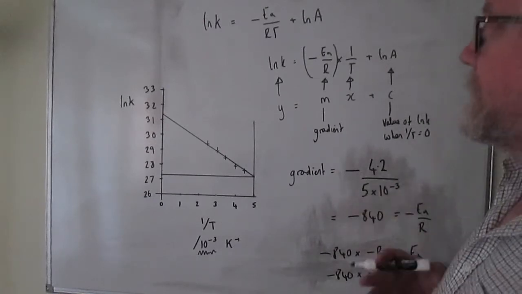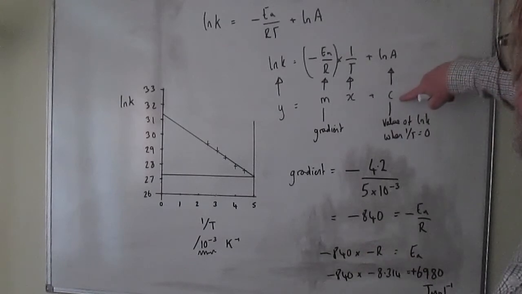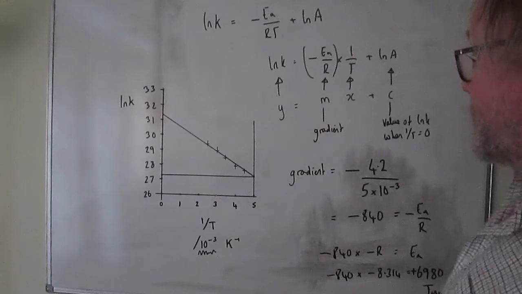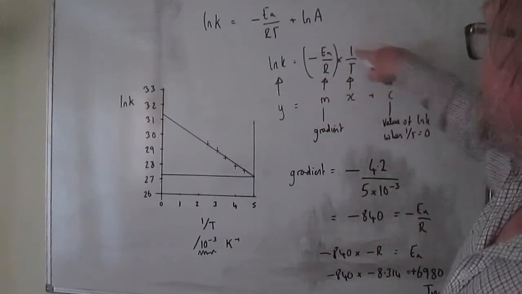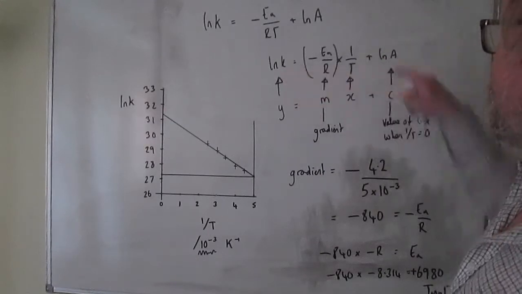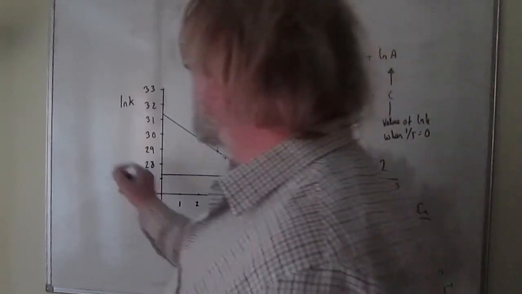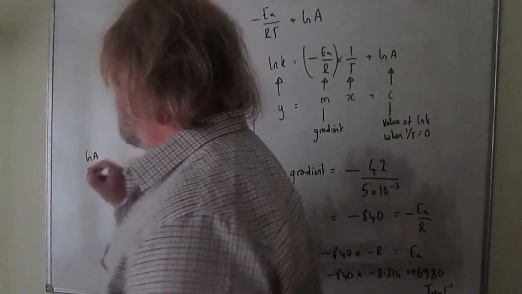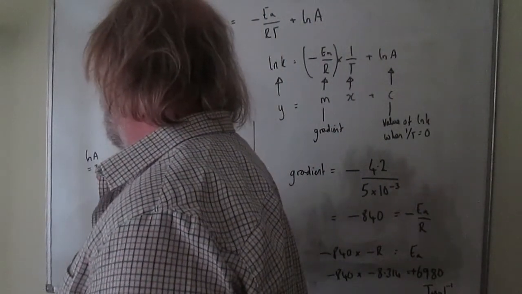So then we can think about the pre-exponential factor, and as we said, that's the value of the natural log of k when 1 over T equals 0, because then this whole term vanishes if 1 over T equals 0, so natural log of k is equal to natural log of A. So we can therefore write down that natural log of A is equal to this value here, which is about 31.3.